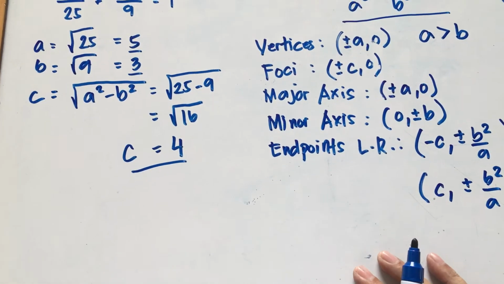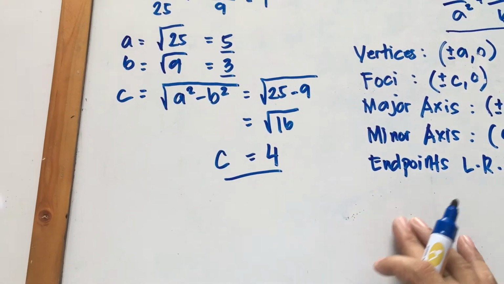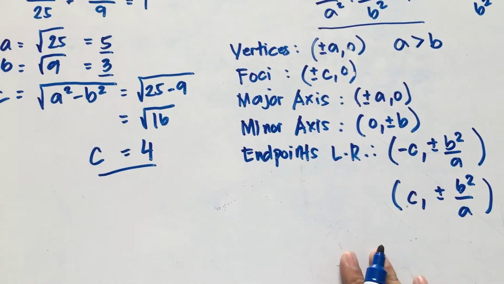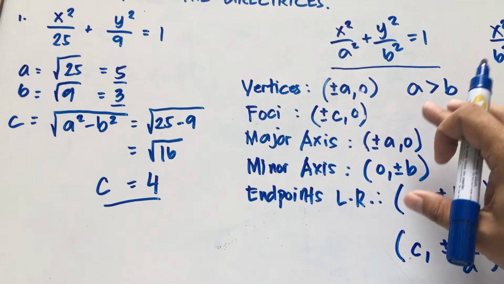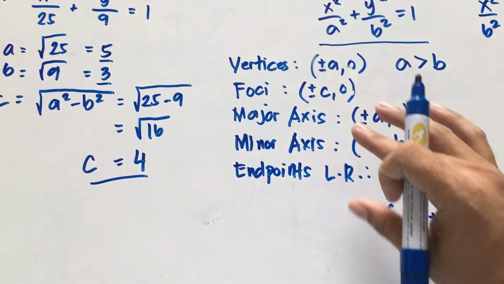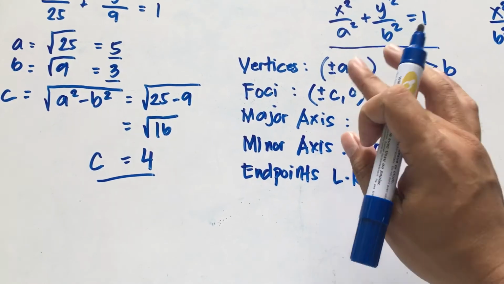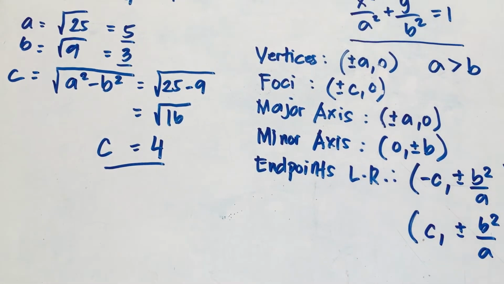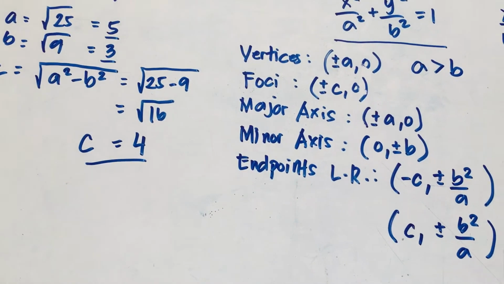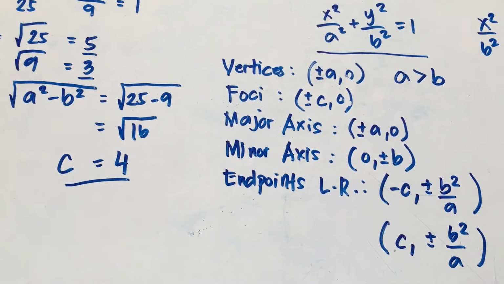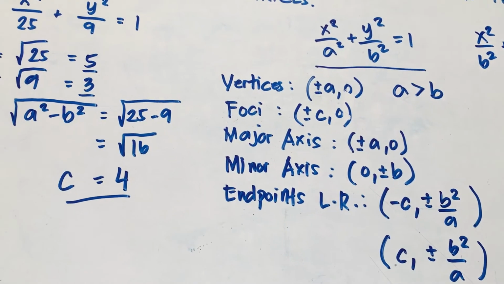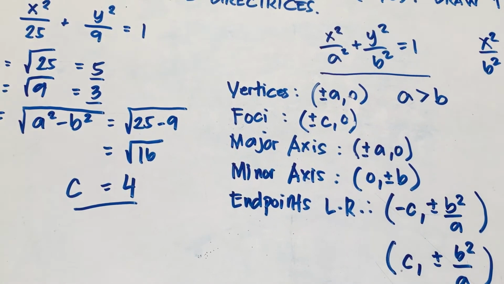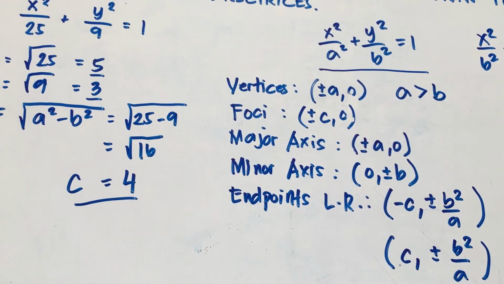Later on, we also need to point out our x-intercepts and y-intercepts. But we need to focus our attention on these important pointers: the vertices, foci, major axis, minor axis, the endpoints of the latus rectum, as well as the directrix. But later on we will find the directrix.